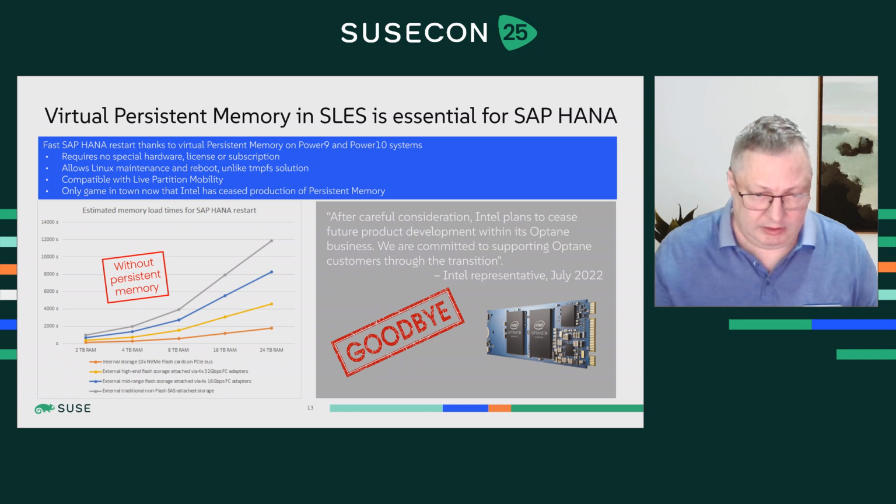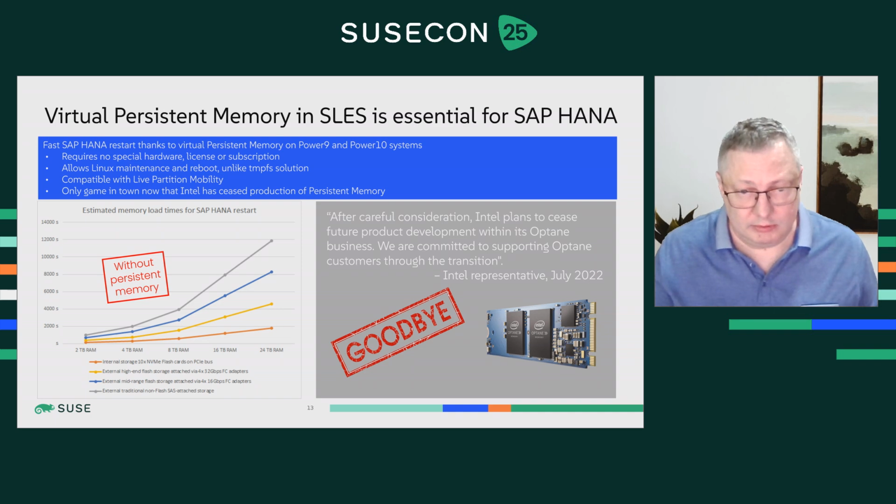And you have the ability to mark some of the memory as persistent. What that means is that when you reboot your SLES partition, the persistent memory devices are still there.